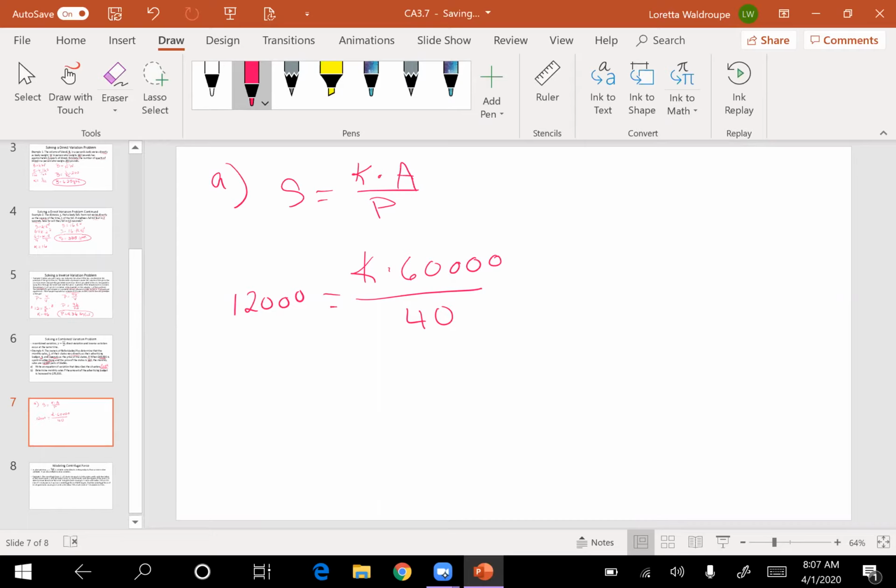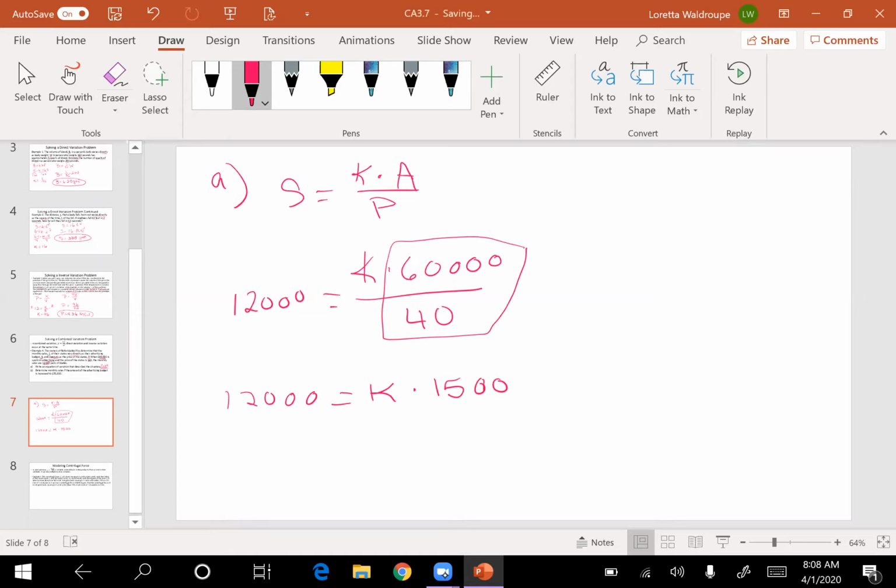Okay, now I'm going to go ahead and do this division. What is 60,000 divided by 40? And I'm punching that in my calculator, even though I think it's 1,500. Yes.